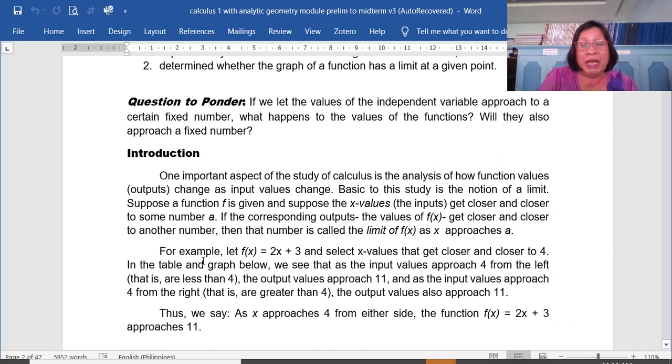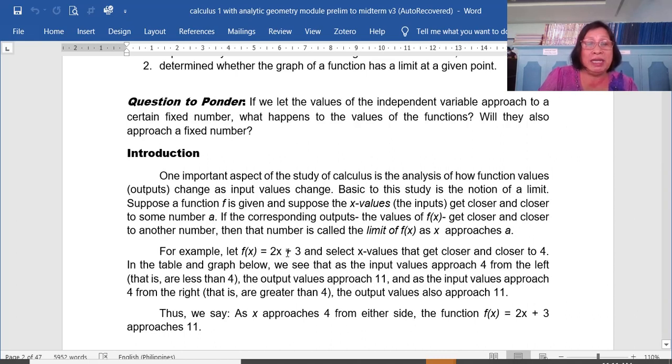Let's say for example in this situation, f of x equals 2x plus 3, or we set f of x as y. The value of this y, f of x, on page 1 is equal to 2x plus 3.